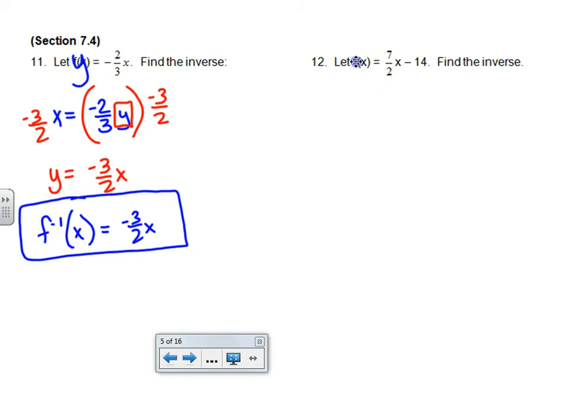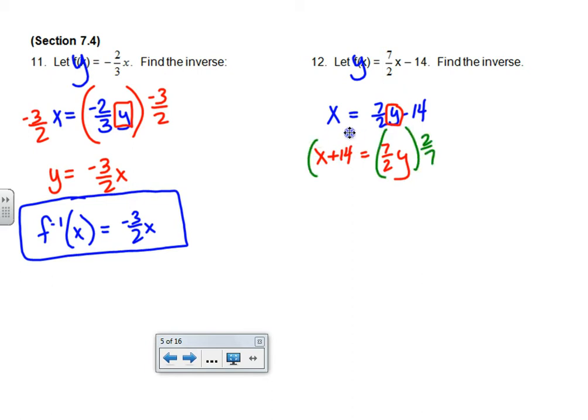Number 12, same thing. F of x is just fancy function notation for y. So my first step in inverse functions is switching the x and y. And now I need to do some work to isolate the y value. So I'm going to start by adding the 14. And then I have a fraction coefficient, so I'm going to multiply by the reciprocal.